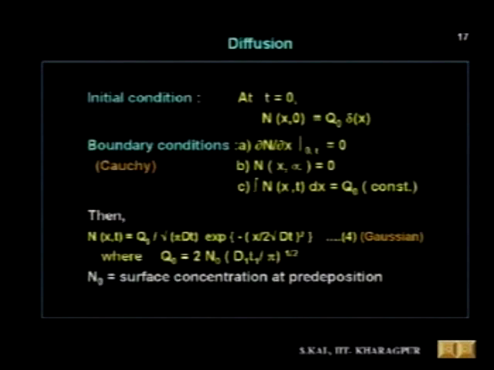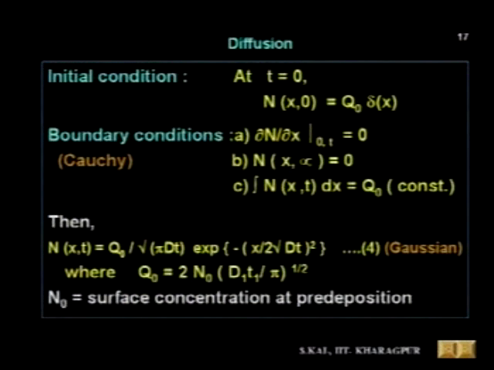That means the dopant atoms are redistributed, but the total dopant will be constant, because no extra dopant atoms are coming into the silicon from outside. Whatever was there will redistribute, and the diffusion profile will change, but the total dopant will be constant.